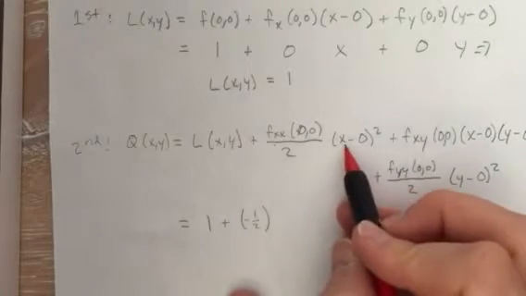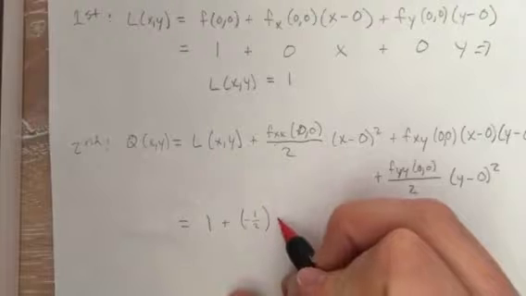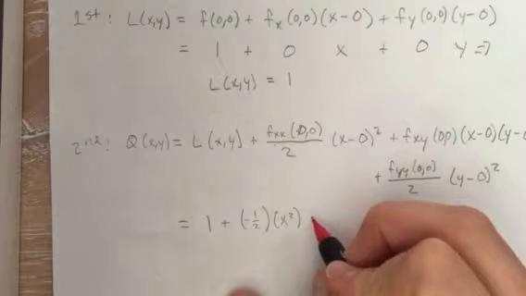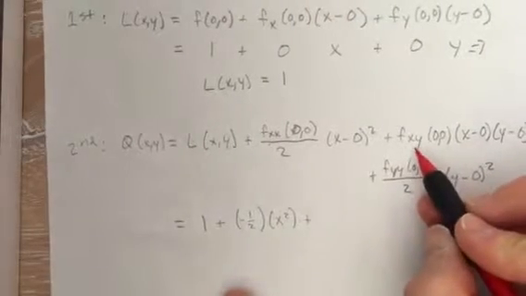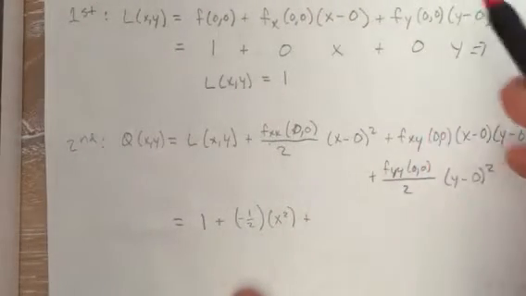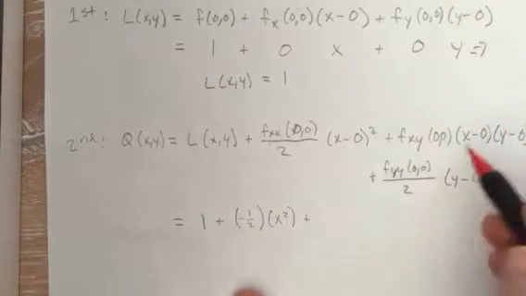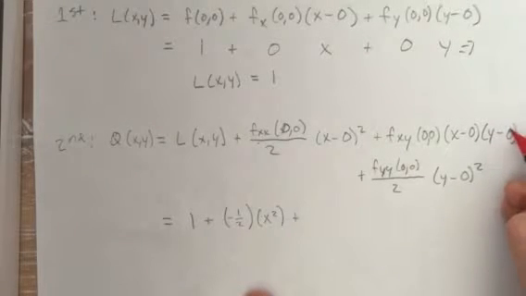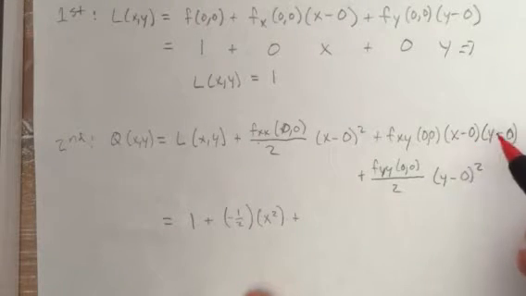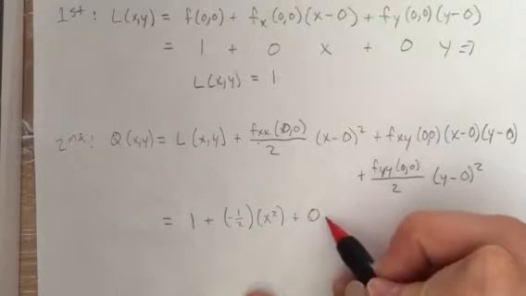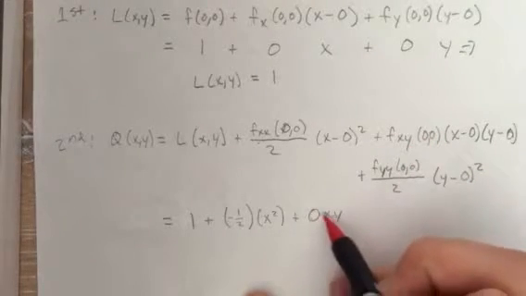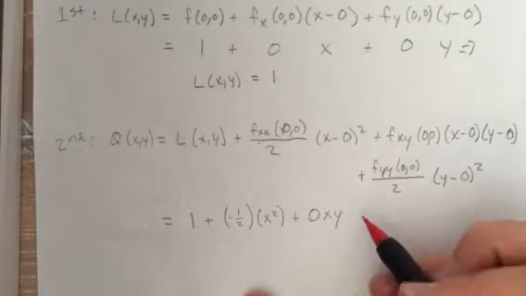And then this is multiplied by your x minus 0 squared, which will give us an x squared here. So then plus your fxy at 0, which is 0. And then if you look here, you'll have x minus 0 and y minus 0. And these will both end up being just your x and y, but since they are multiplied by 0 right here, that you get from here, that'll end up canceling itself out.